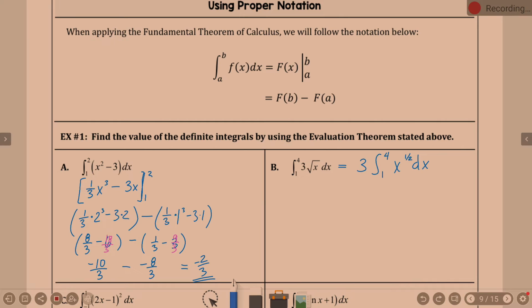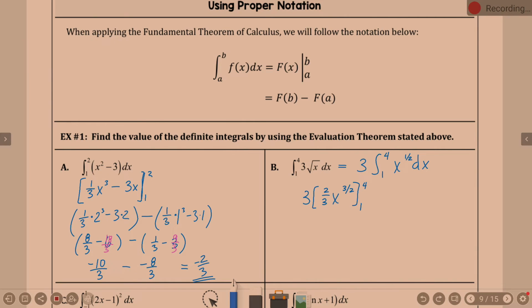Integral of x to the 1/2 if we have that 3 out front: we're adding 1 to the power, which makes it x to the 3 over 2. When you divide by 3 over 2, you're going to be multiplying by 2/3. So it's 3 times 2/3 x to the 3/2 evaluated from 1 to 4.